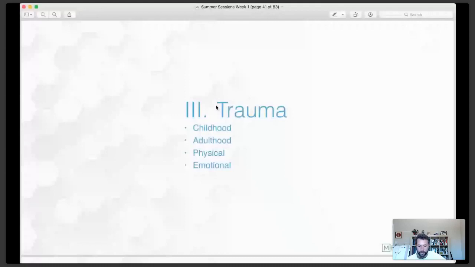published in 2004. Really remarkable how an ACE score of 4 or higher is strongly linked to, you can just see the curve going up and up. With smoking, there's the association with chronic obstructive pulmonary disease, with alcoholism, 4 or more.